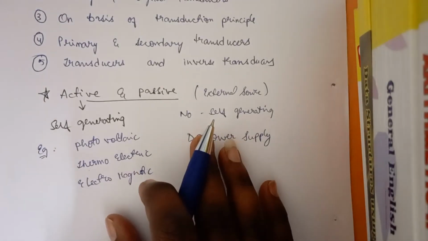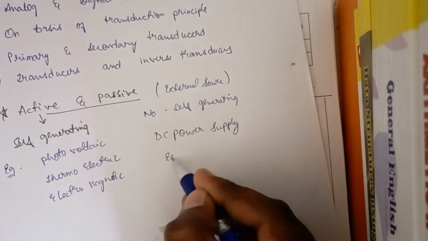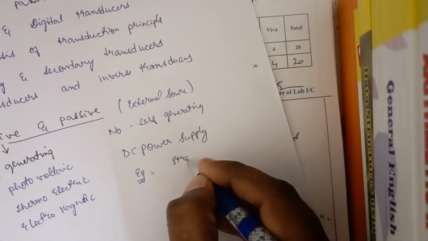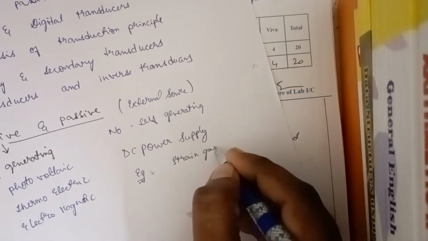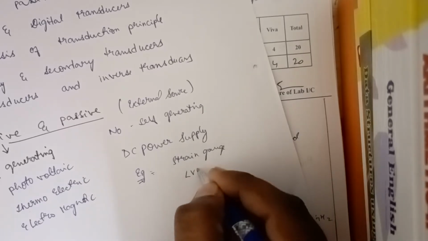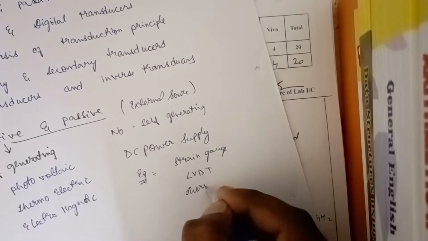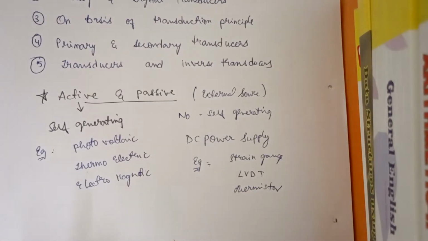Next, examples of passive transducers: strain gauge, LVDT, and thermistors.